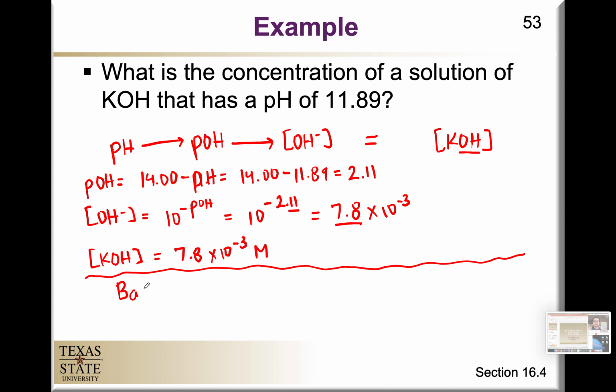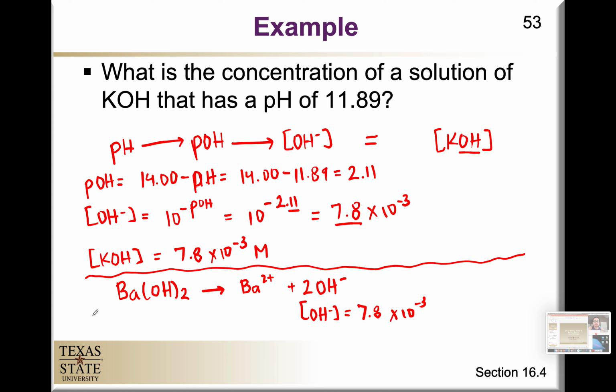If we had something like barium hydroxide, which has two hydroxide ions, we know that one separates into one barium ion and two hydroxide ions. So if we had the concentration of hydroxide ions as 7.8 times 10 to the negative 3, the concentration of the barium hydroxide base would have been half of that, because for every two hydroxides we have one barium hydroxide.